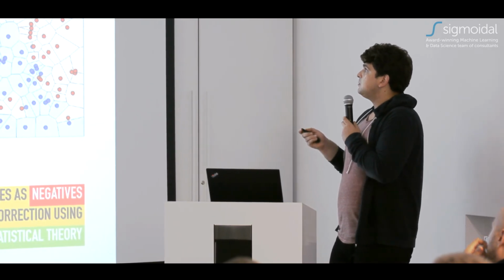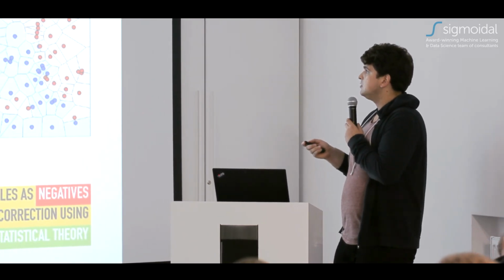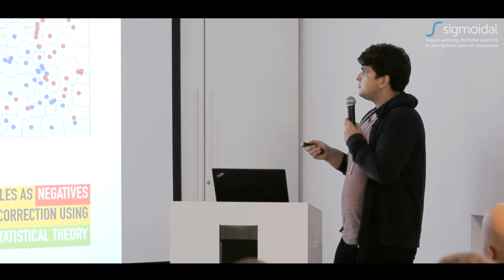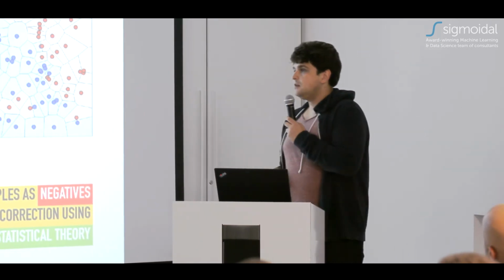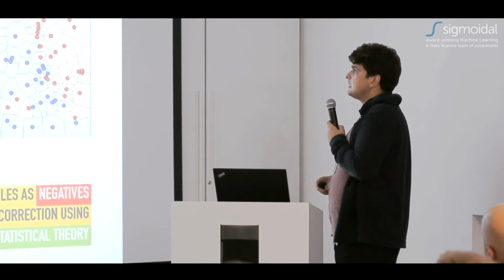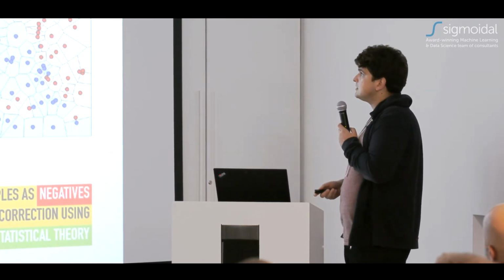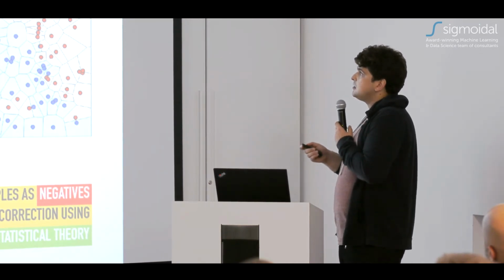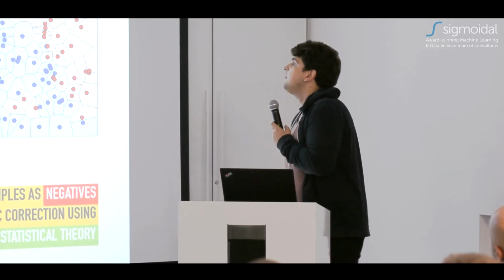You are simply computing the distance from a new example to positive examples around it. And if, for example, this distance is below a given threshold, you could classify this as a positive example. And you could do the same using kernel methods and SVM here.